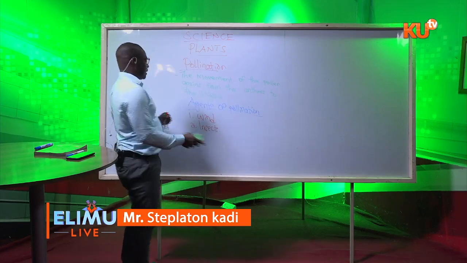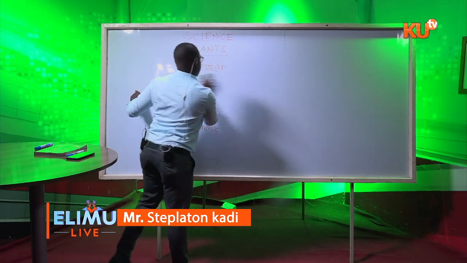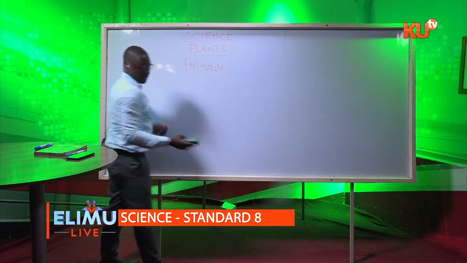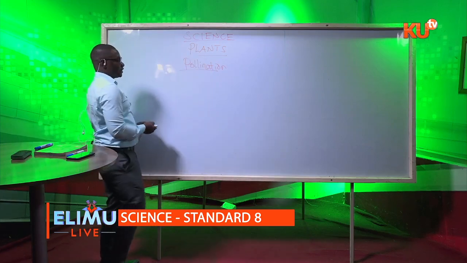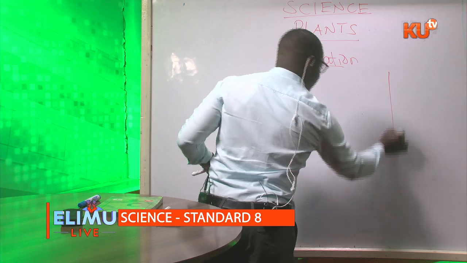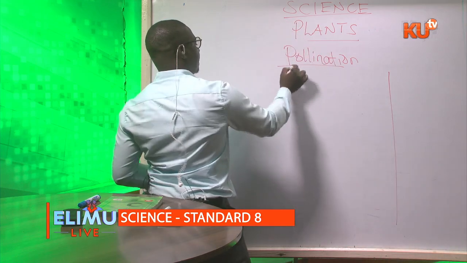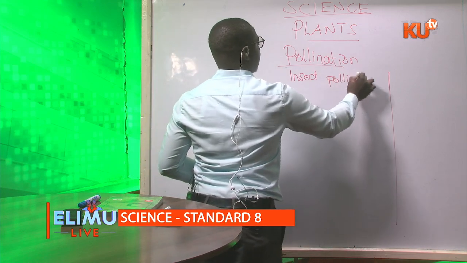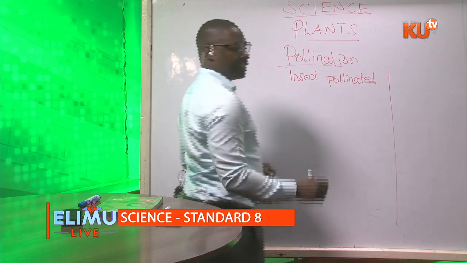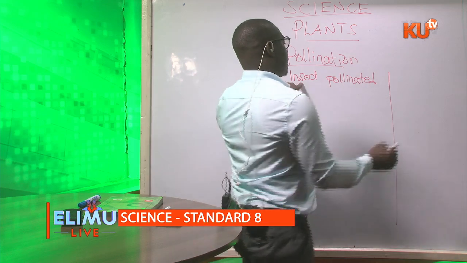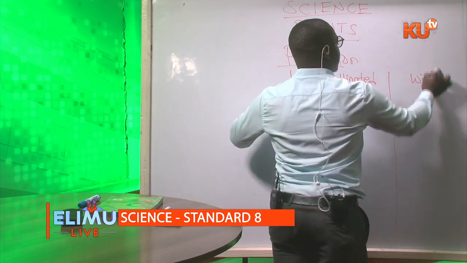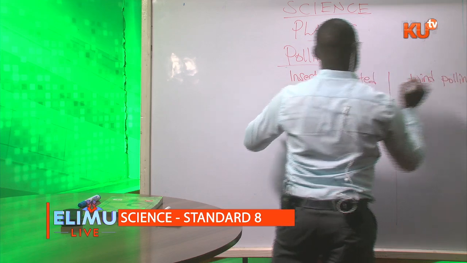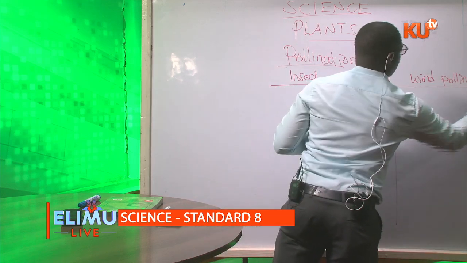We look at the two agents of pollination: insect-pollinated flowers, which means their agent of pollination is insect, and wind-pollinated flowers, which means their agent of pollination is wind.